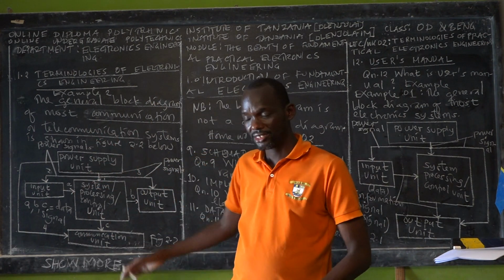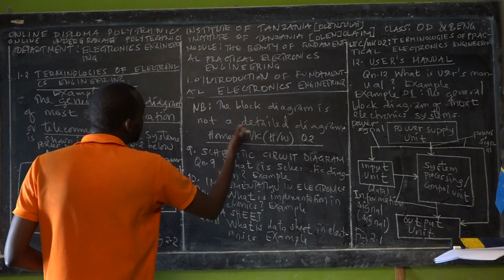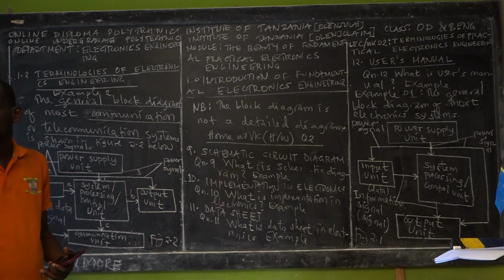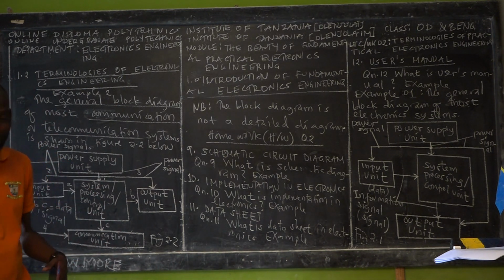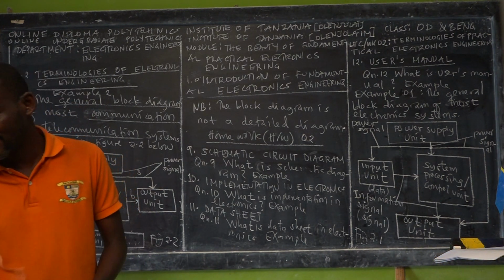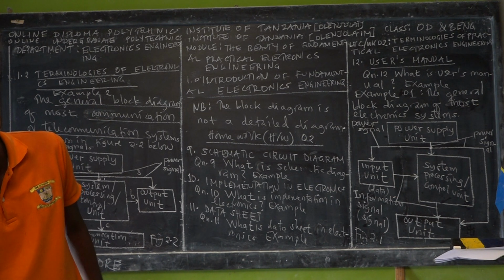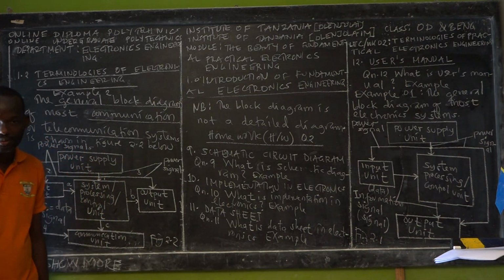But in block diagrams, this is hidden. As I said, a block diagram is not a detailed diagram. For example, in a block diagram you don't draw the symbol for a resistor or a capacitor.